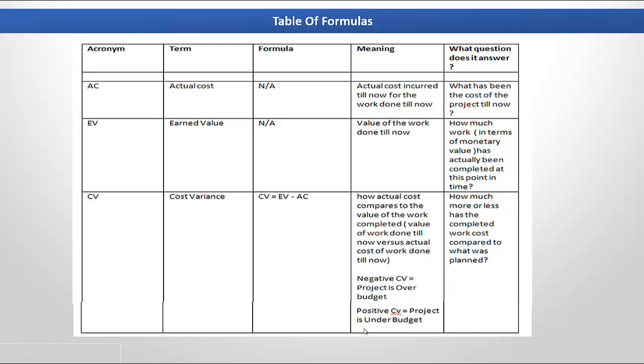Another important thing I'd like you to note is that a positive value of cost variance refers to the fact that the project is under budget. You would get a positive value of cost variance if the earned value is greater than the actual cost. And this would mean that the value of the work completed till now is greater than the actual cost of the work that has been done till now.